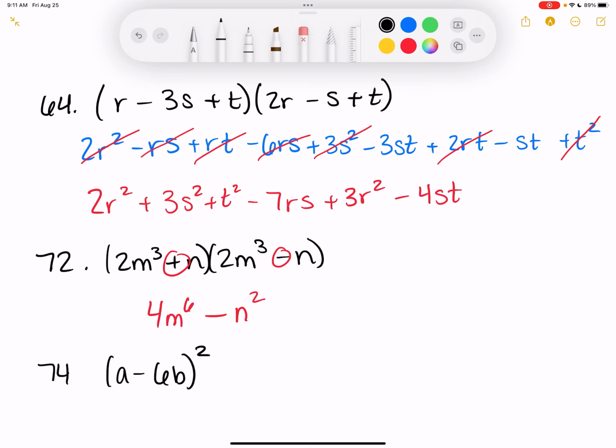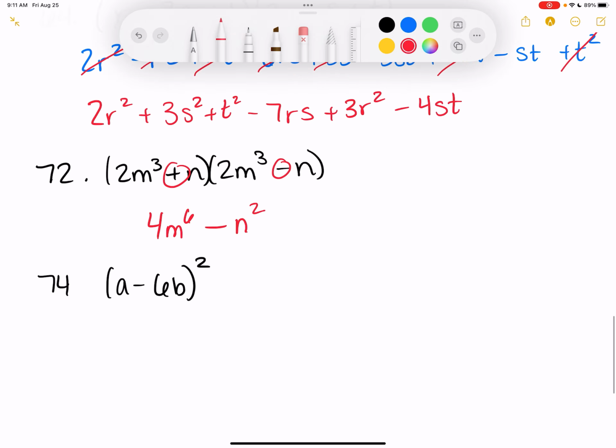So if you know the special type, you can do it that way. If not, you can also do it by hand. If you need to FOIL it, think of it as a minus 6b times a minus 6b. And then you could FOIL it, and you'll get the same answer either way. But this special type would give us a squared minus 2 times a times 6b.